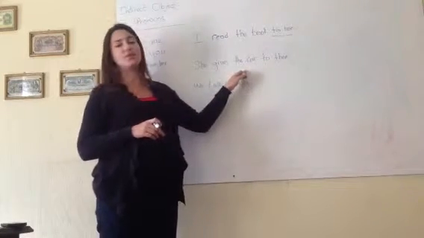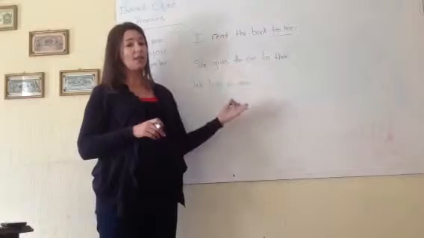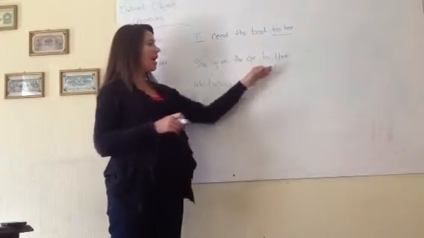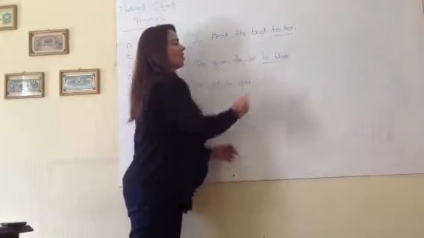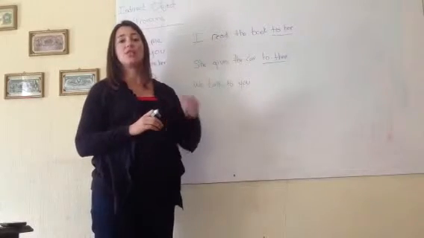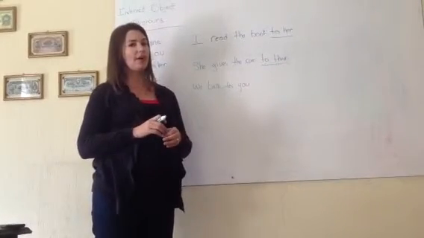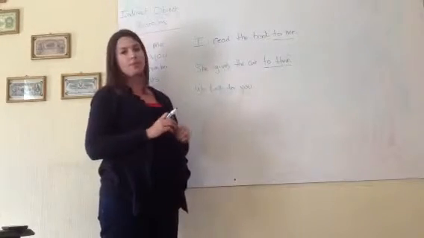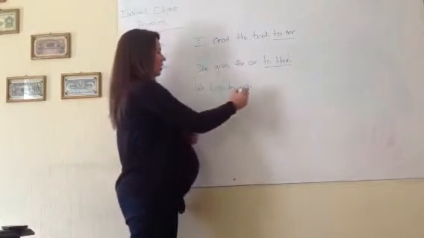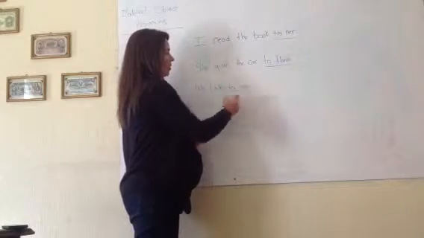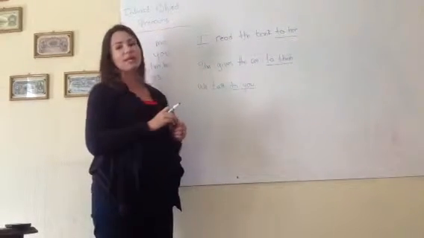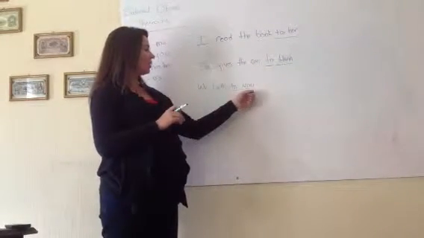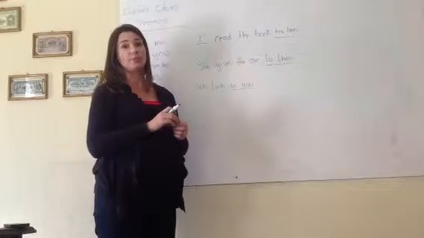The car is the direct object because it's what she gives. To them is the indirect object because it is to whom she gives the car. We talk to you. In this case, you or to you is going to be the indirect object because you is who we talk to.